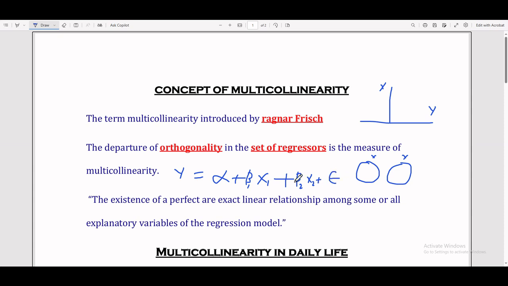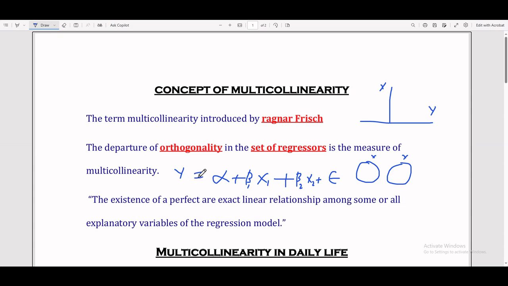So these are the regressors. We also call them independent variables or predictors. And this is the dependent variable, response variable, predictant. These are the other names of dependent variable.